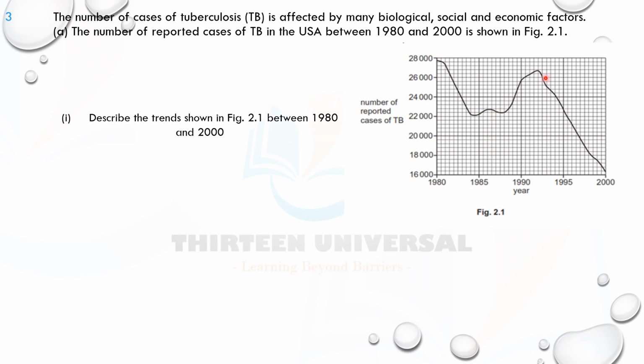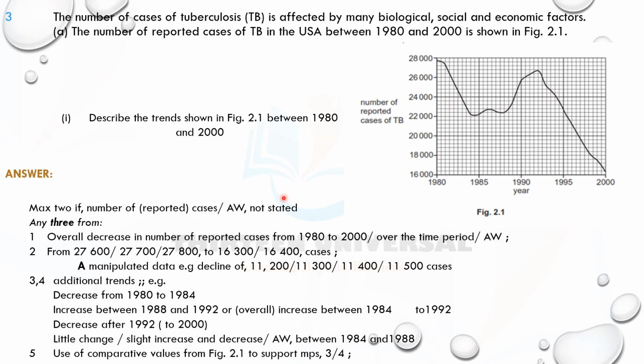First of all, state the general trend, and then start quoting data. So there is an overall decrease in the number of reported cases, from 27,600 to about 16,000.